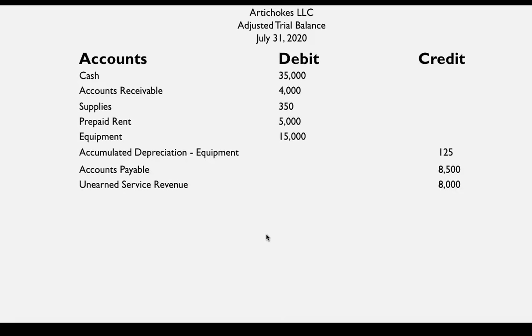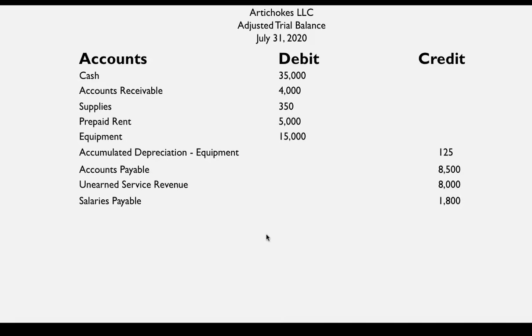And then we had this new liability pop up in our adjusting entries. We had salaries payable. So we want to show salaries payable here underneath our unearned service revenue. And salaries payable has a credit balance of $1,800. So those are our liabilities.